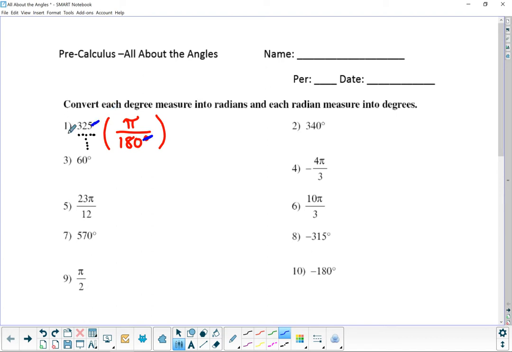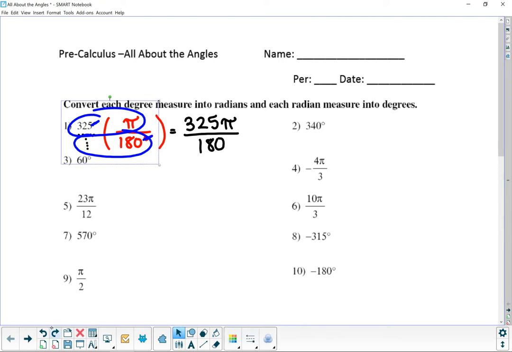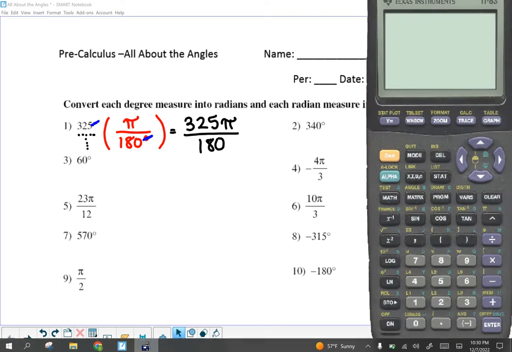Essentially, I just have 325 times pi on top and 1 times 180 on the bottom. So my answer is going to come out to be 325 pi over 180, and obviously I'm going to have to simplify this down a little bit. I'll use my calculator to help me.